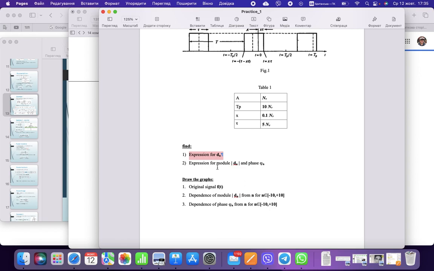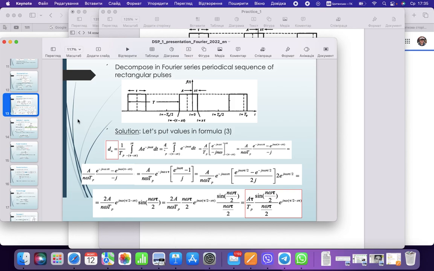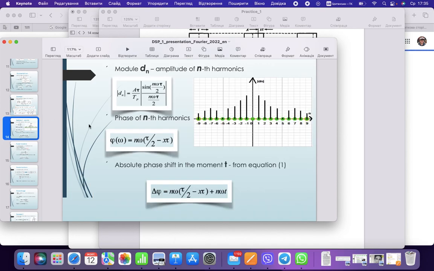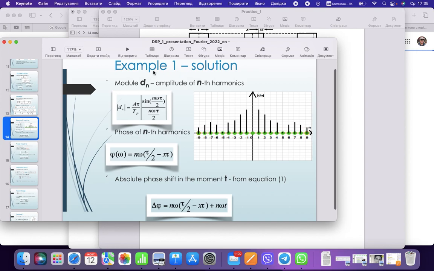The second one is the expression for the module dn and the phase phi. Again, we go to the next slide, slide number 14, and it contains the solution of example 1. Here you can see the analytical expression for the module dn.